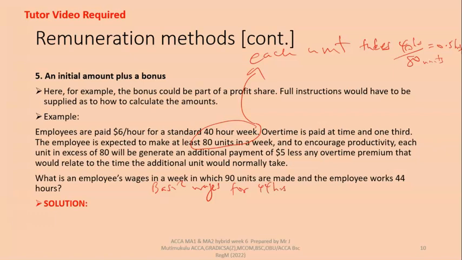Basic wages for 44 hours is 44 multiplied by $6 per hour. And we get how much? We use a calculator, that's 264. Then we have to consider the overtime premium.